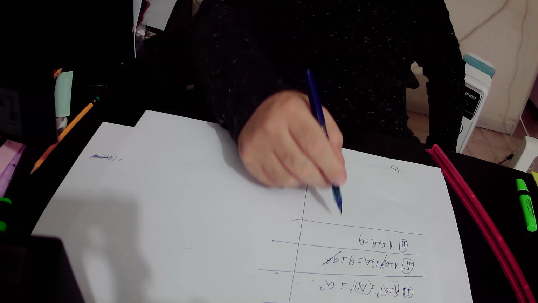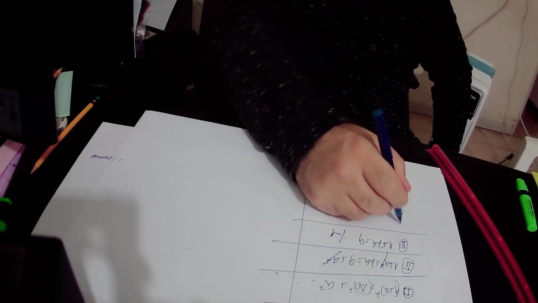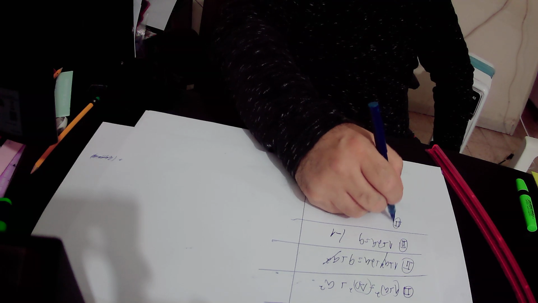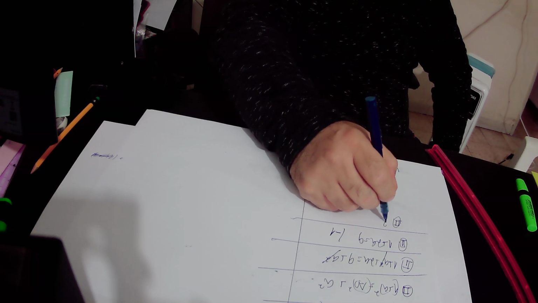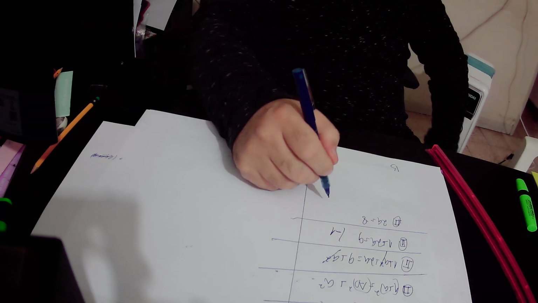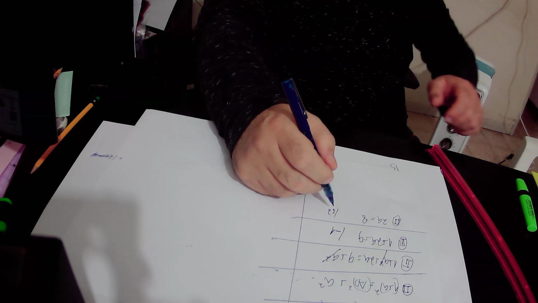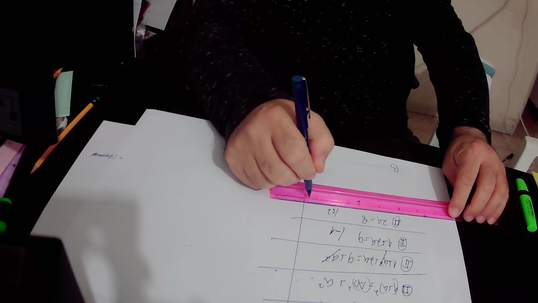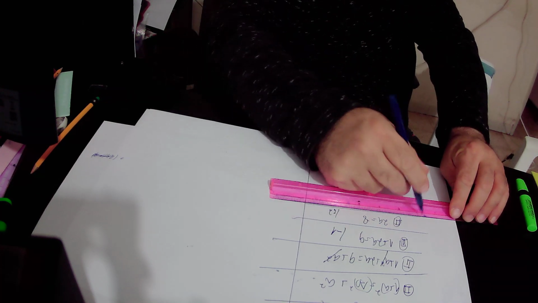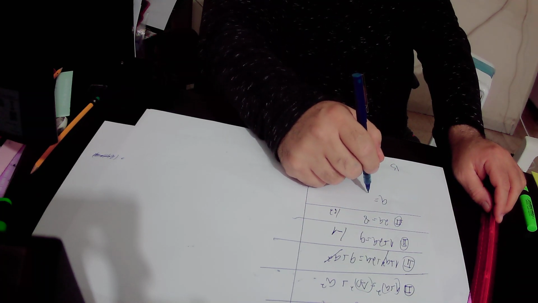We subtract 1 from this equation, equation number 2, and we get that 2A equals 9 minus 1, which is 8. 2A equals 8. We divide this equation by 2, and we get that A equals 8 over 2, which is 4.